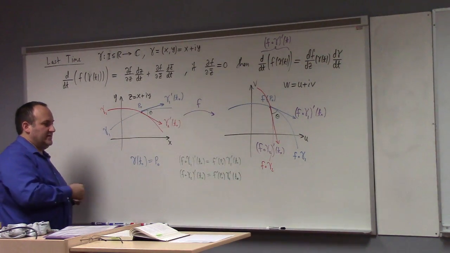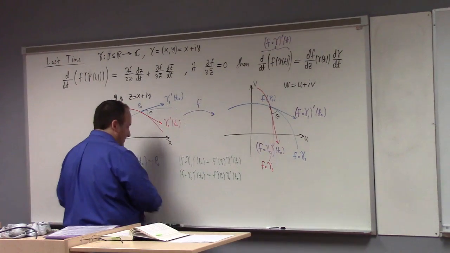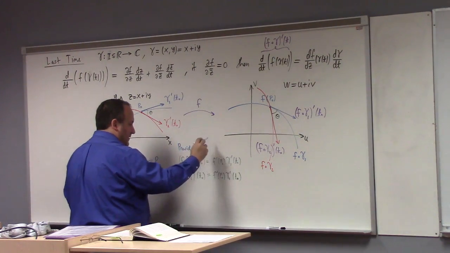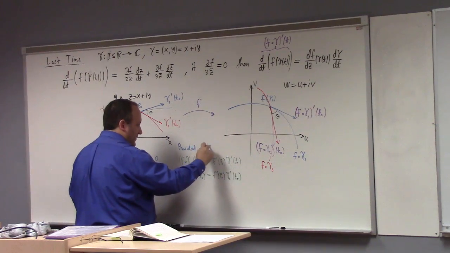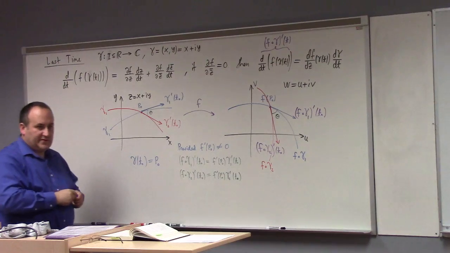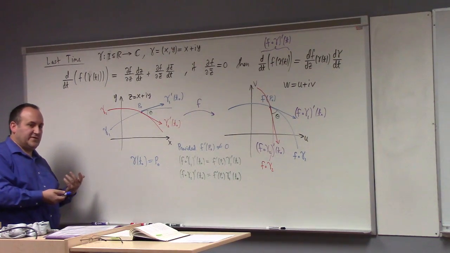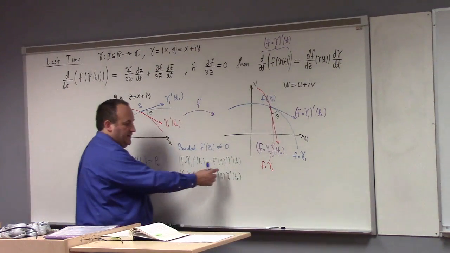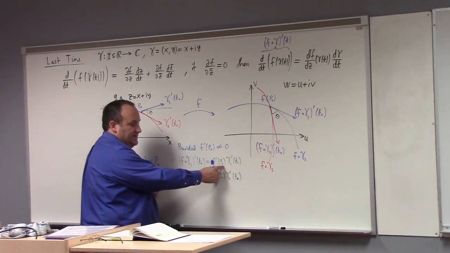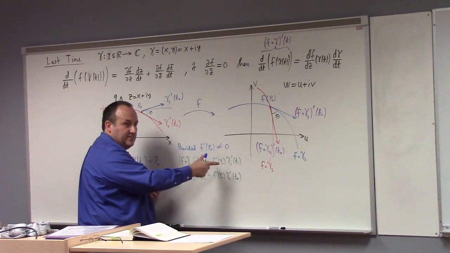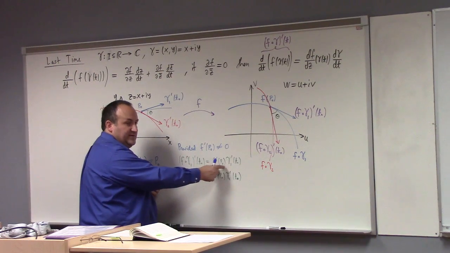And as long as we know that the derivative at p naught is not equal to 0, then we've studied how complex number multiplication works already. If you multiply a complex number by another complex number, it rotates it by the angle of the number and rescales it by the magnitude of the number.